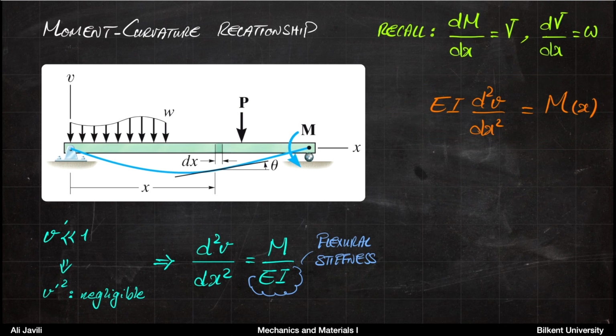But also you remember that the derivative of M, the derivative of moment itself, is the shear force. And the derivative of the shear force with respect to x is the distributed force w.